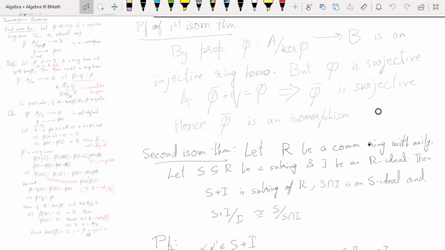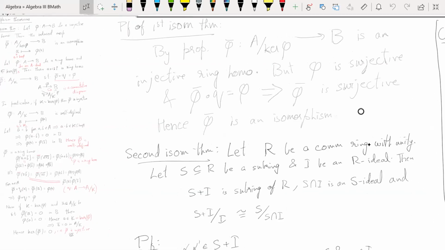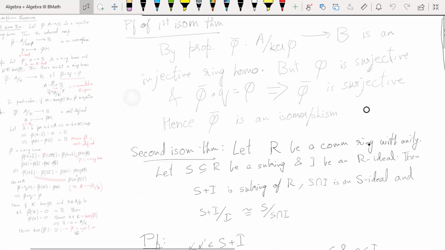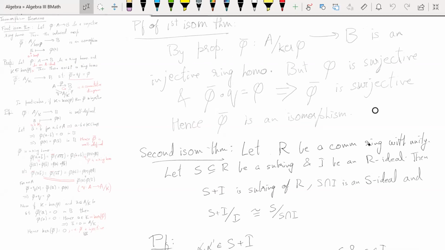So in yesterday's example, Q[x] mod x squared minus 2, we gave a map from Q[x] to Q adjoin square root 2, the smallest subring of the field of real numbers which contains Q and square root 2.